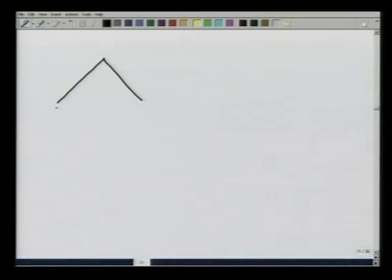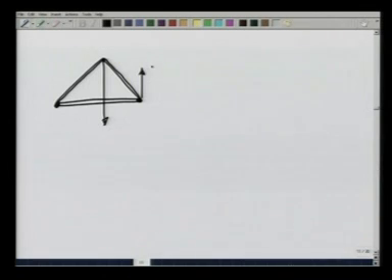I have this structure here, and I have already argued that I need these 3 rods to make it a stable structure. If I look at this system, there is a force W by 2 acting here, and force W acting downwards. What I want to know is the forces in these different rods or members of the system.